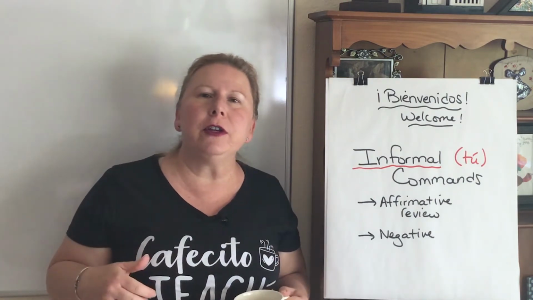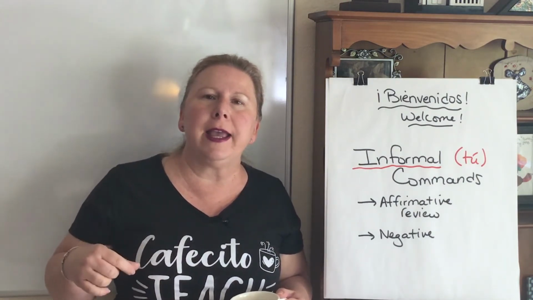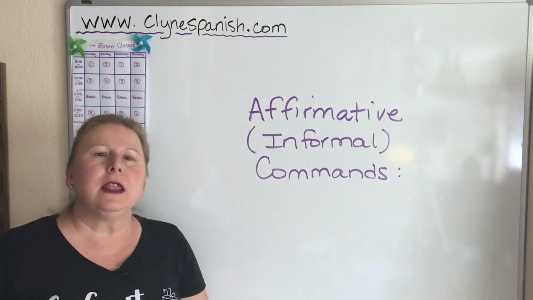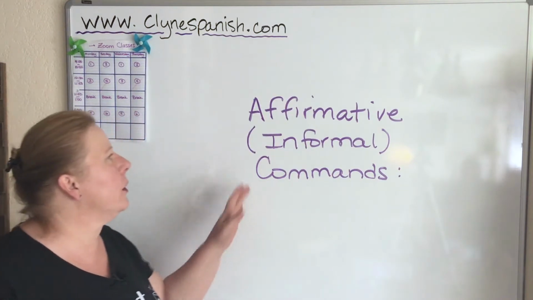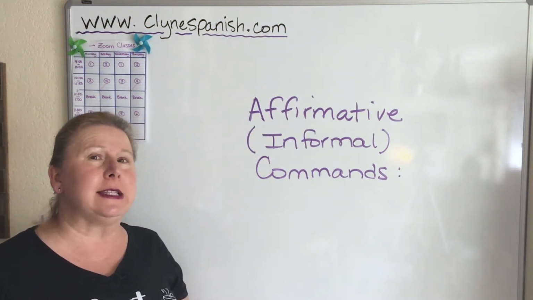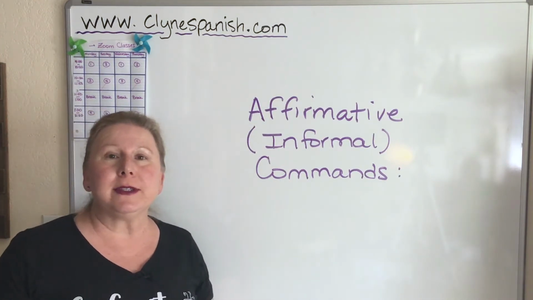I'm just going to cut over to my board so that I can do a quick review for you first. Okay, clase, let's do a quick review of your affirmative informal commands. Remember, this was super, super easy. All it entailed was taking the verb.